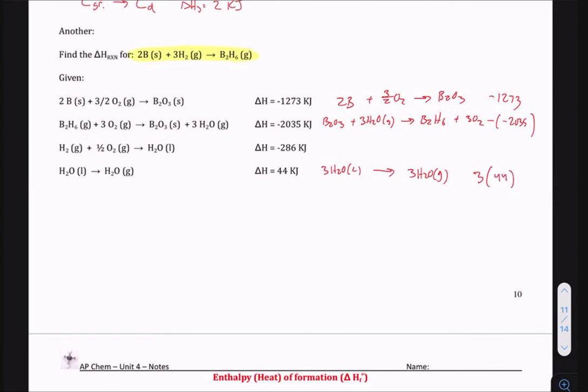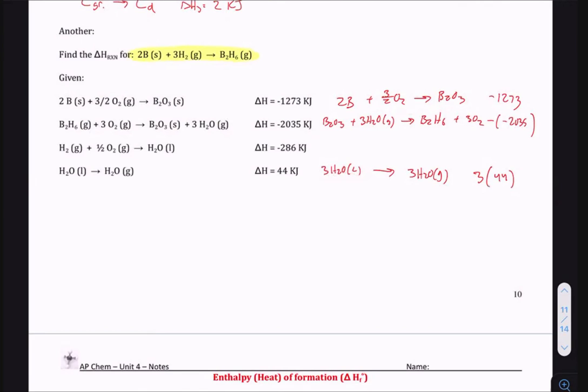Okay, and so now, do we need the third equation? What do we need to do with the third equation? Do I need to include it or can I leave it out? Yes, I have to include it, because it's liquid water, right? See this liquid water here? There's no liquid water on the reactant side, so this liquid water must be canceled.